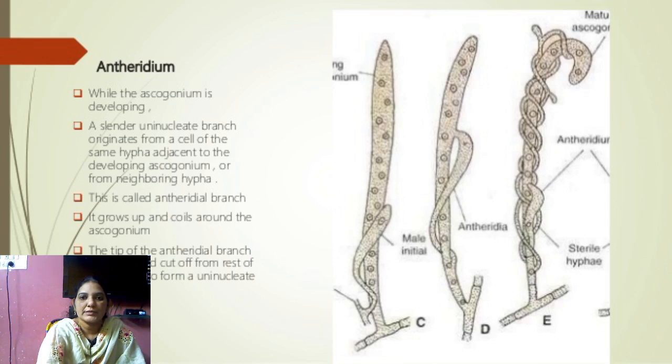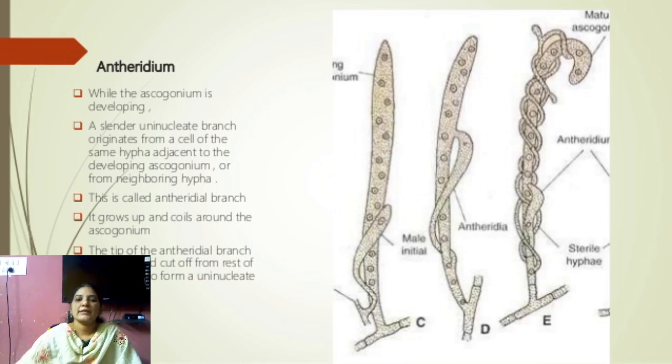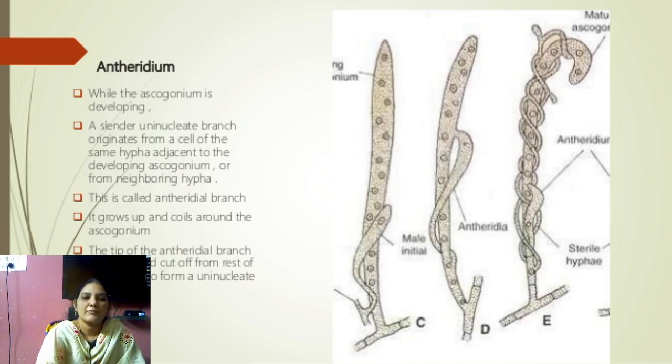The ascogonium nuclei fuse with each other. That type of fertilization is called isogamy, as the same nuclei fuse with each other.